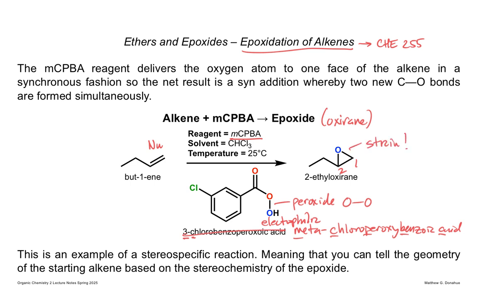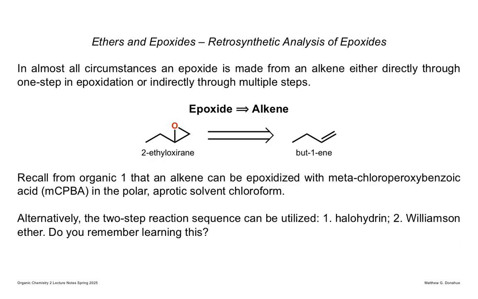So that has strain, and we can use that strain to release it either through acidic conditions or basic conditions. So stated another way, anytime you see an epoxide, you know that these two carbons can come from an alkene.